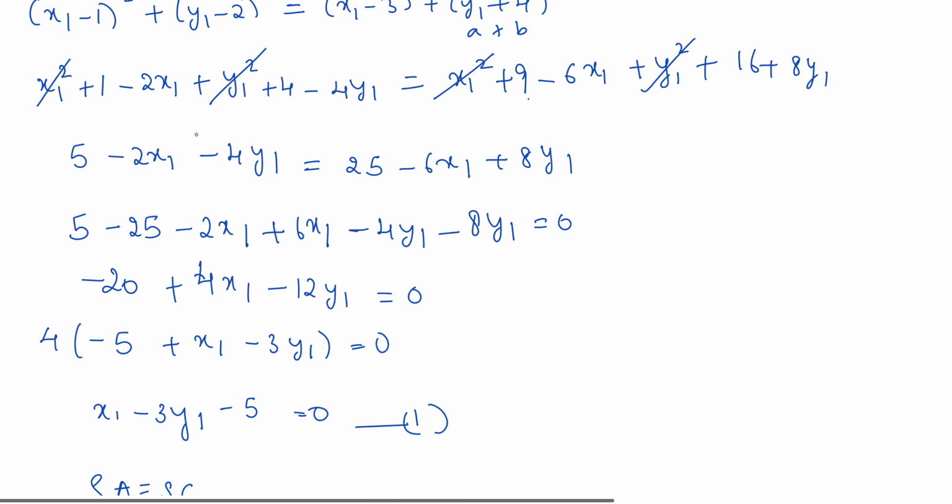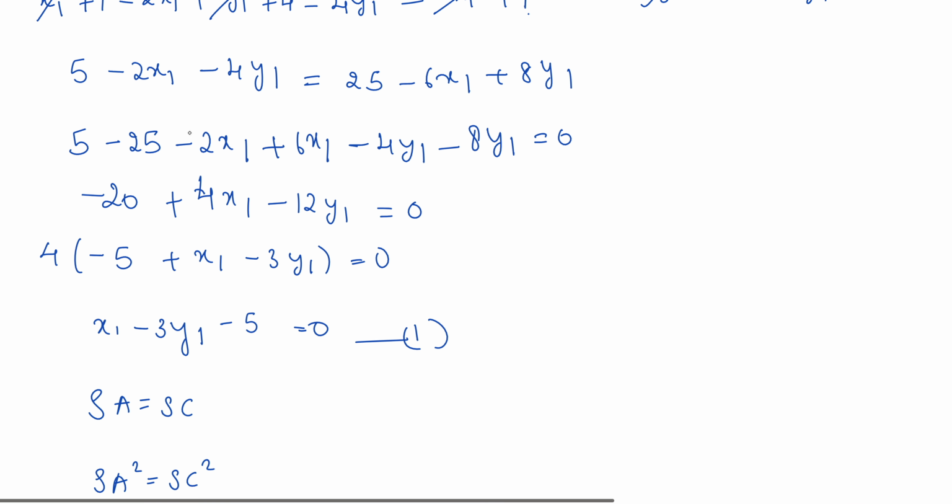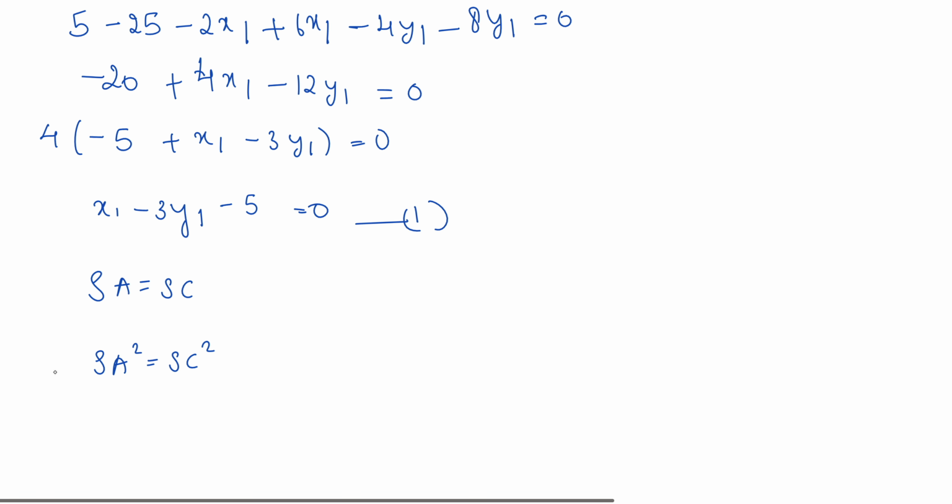What was our SA square? SA square was (x1 minus 1) whole square plus (y1 minus 2) whole square. Now SC square we have to find out. S is (x1, y1).